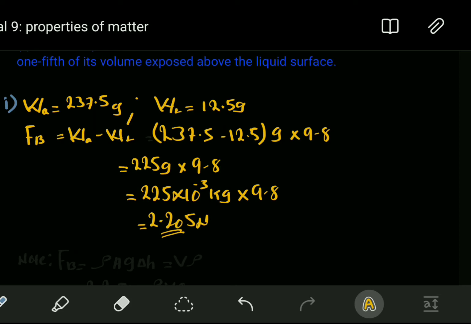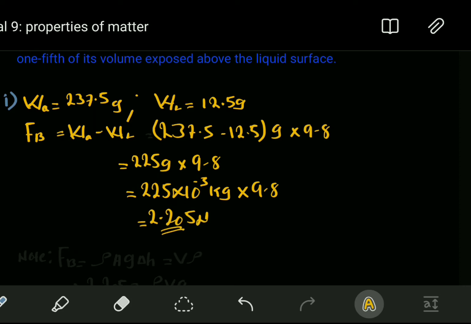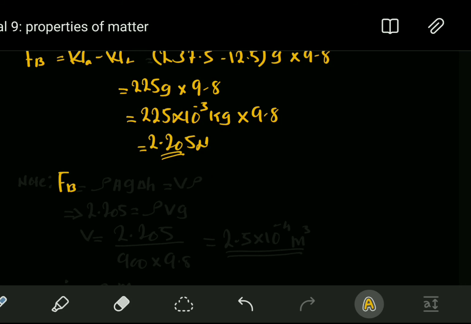All right, so we also know that the buoyancy force is given as the density times the area times g times the change in the height, or simply as the volume times the density.